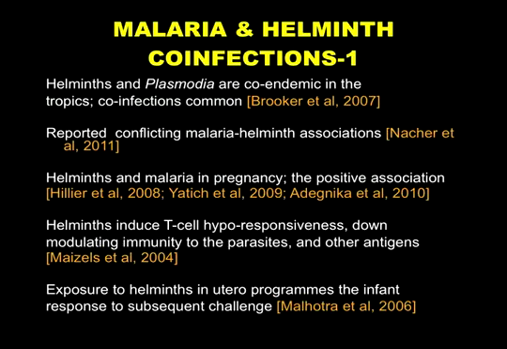And the 5th area looked at the question, how would exposure to helminths in pregnancy affect the child? Any immune modulations in utero, could this be revealed in clinical outcomes?